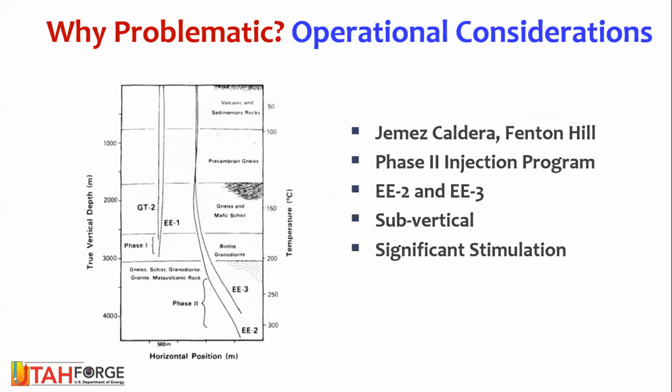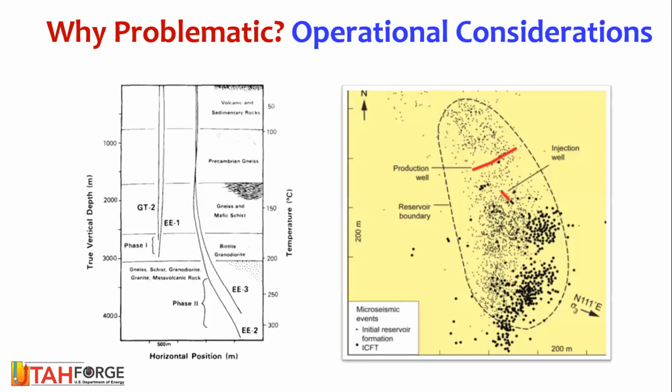This is based on learnings from the Fenton Hill work, where an injection well and a production well were drilled and sited, but much of the activity occurred away from the corridor between those 2 wells, and there was not a substantial injection interaction between the 2 wells.